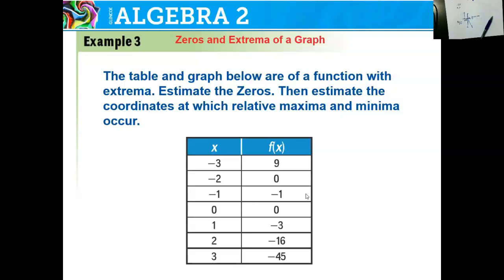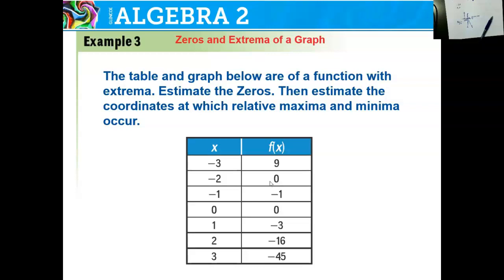But then we also identified a relative max at 0, 0. And that's because we have the y value of 0, which is greater than the y value of -1, which is greater than the y value of -3. So of these 3 points, this is the greatest point. Okay, from -1 to 1. This is the greatest point, so that's indicative of a relative max.